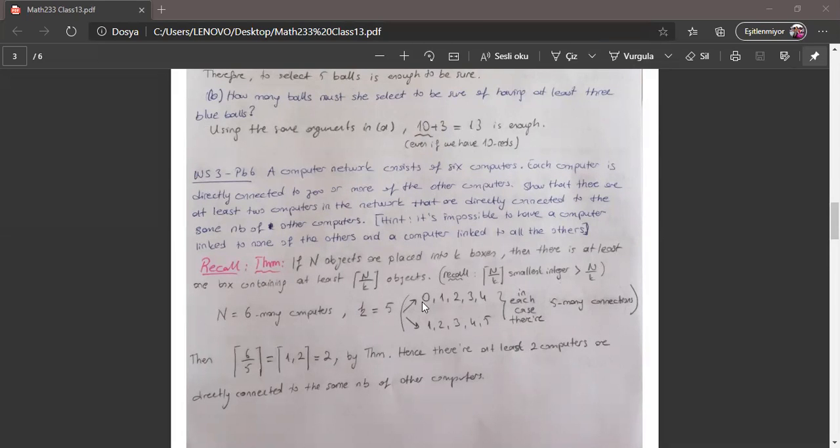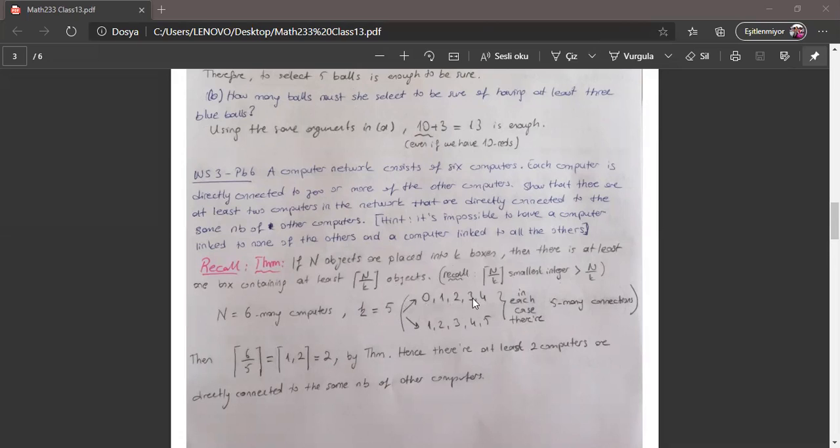So if we have 0, then we cannot have 5, because if we have 5, it means there is a computer which is connected with each of the other computers, so there won't be any computer which has no connection. So this is one case.